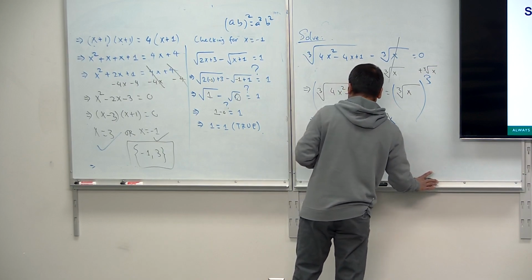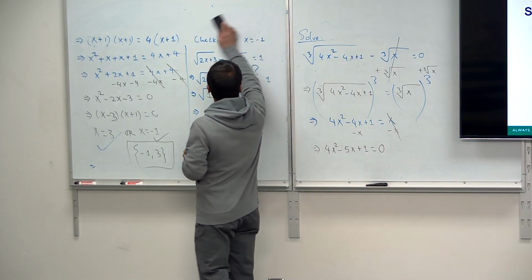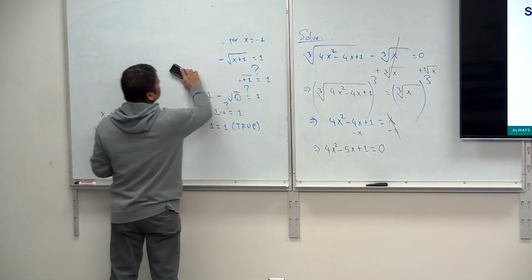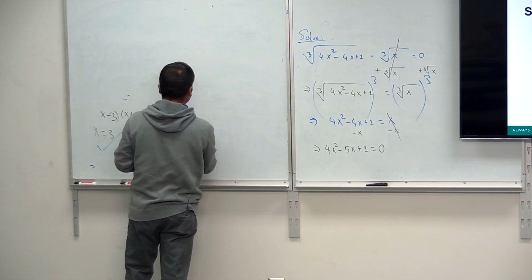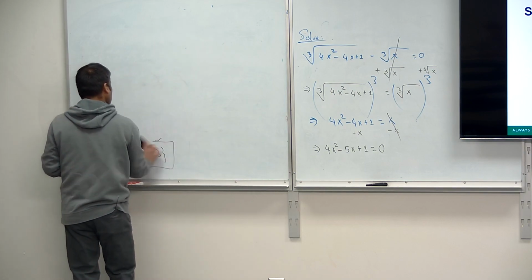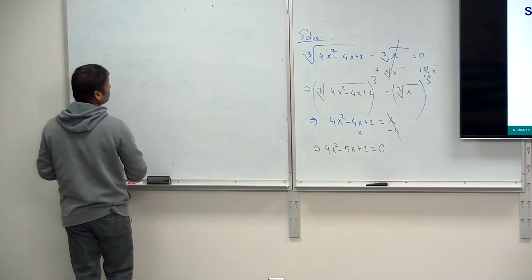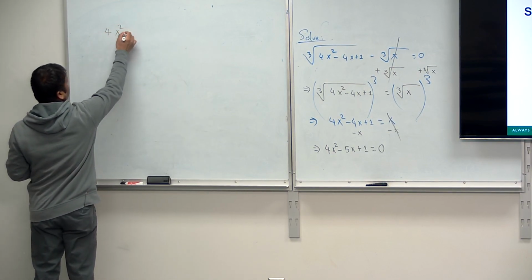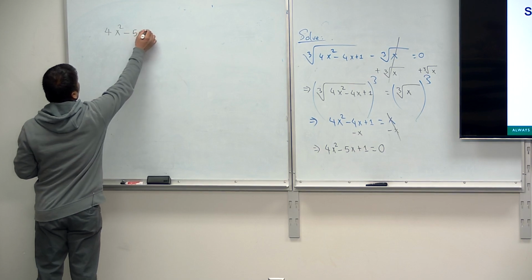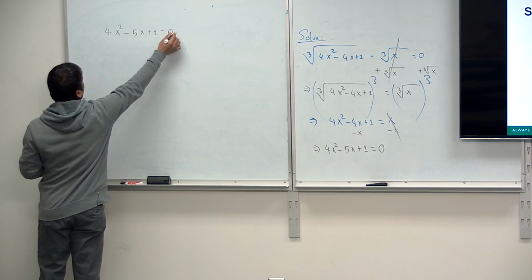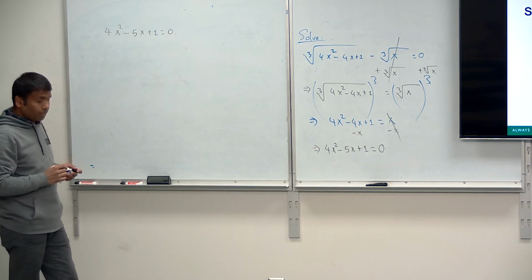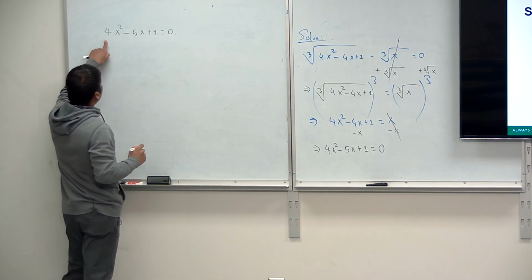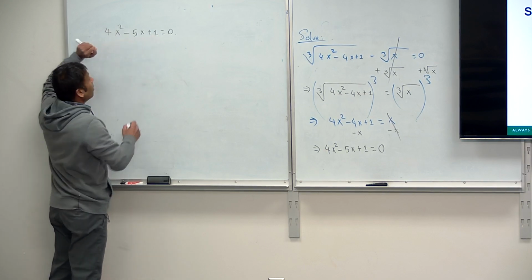Now, how do you factor this, guys? You have 4x squared minus 5x plus 1 equal to 0. You multiply 4 and 1. Is that right? So what will that be? 4.